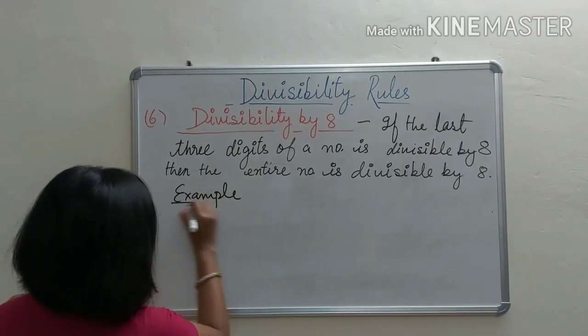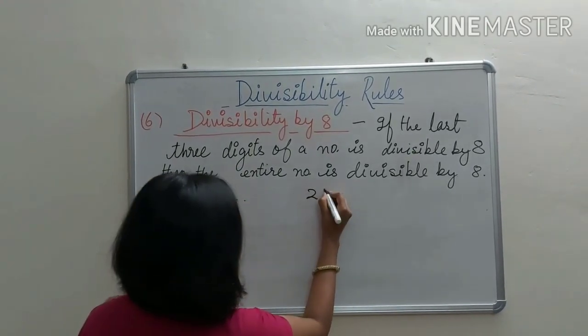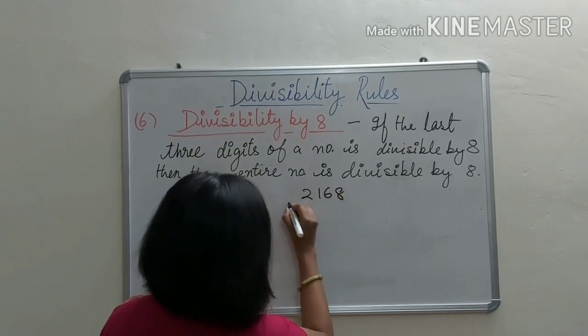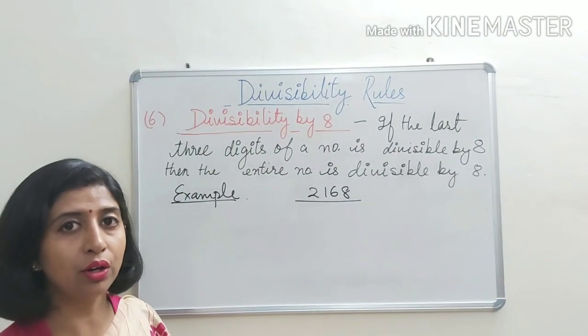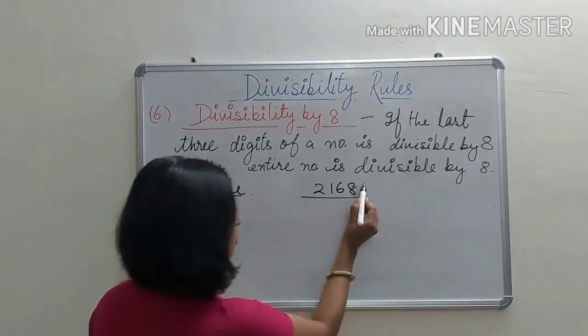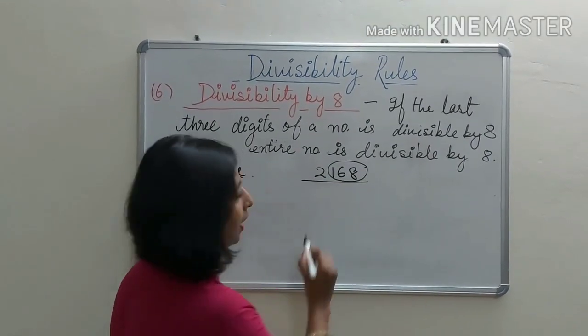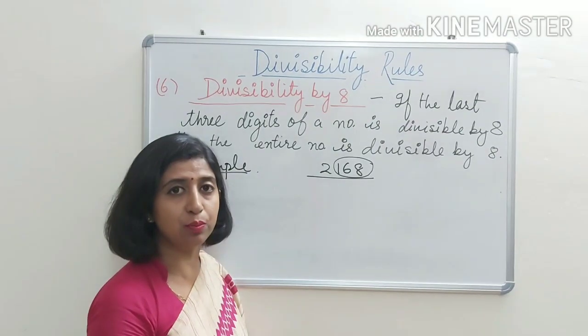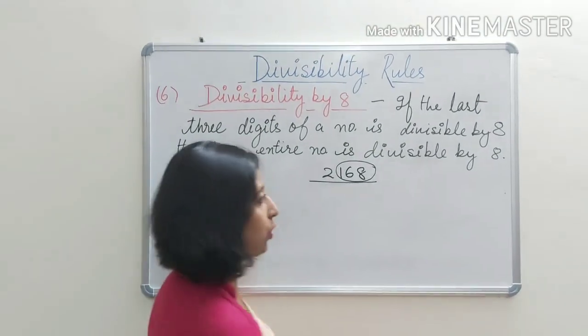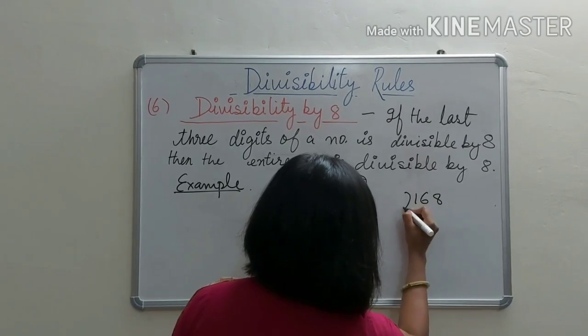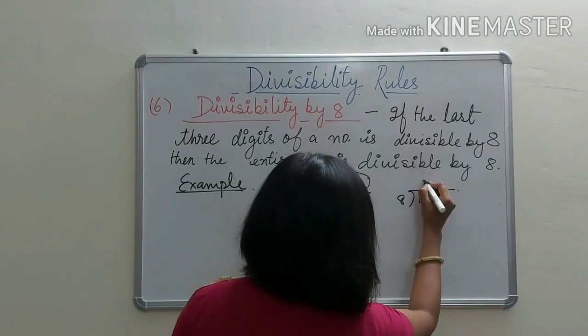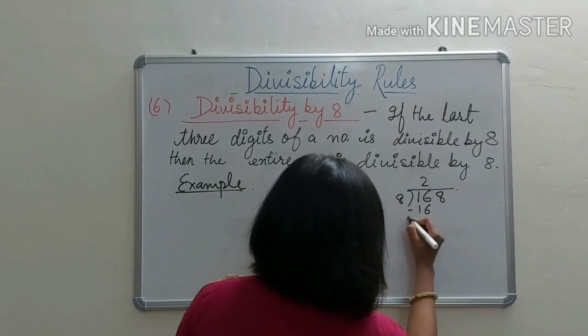Let's see this example. I am taking one number, 2168. We have to check whether this number is divisible by 8 or not. What we have to do? We have to circle the last 3 digits and see whether this number is divisible by 8 or not. So what we will do? We will divide 168 by 8. 8 2s are 16.